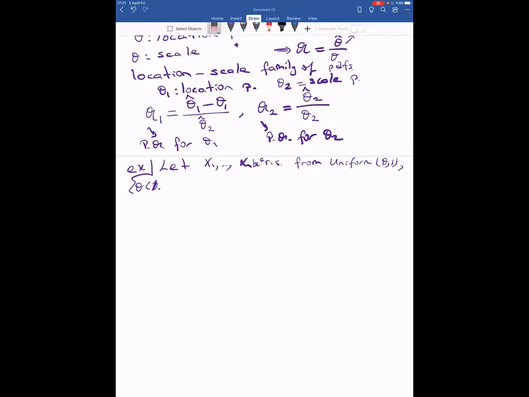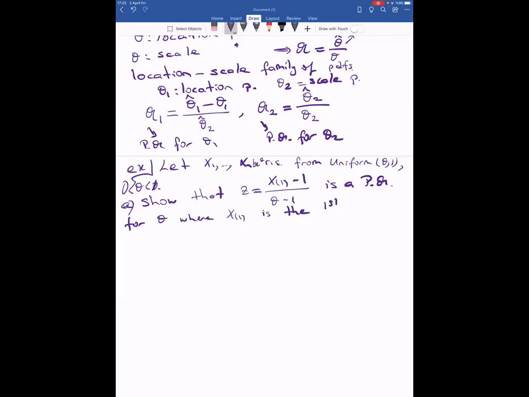The first part says: show that Z, which is the first order statistic X1 minus 1 over theta minus 1, is a pivotal quantity for theta, where X1 is the first order statistic. So the given quantity is X1 minus 1 over theta minus 1.